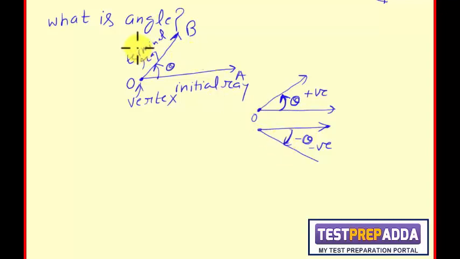Now, what is an angle? Amount of rotation. Amount of rotation of this initial ray with respect to this point O, in such a manner that the initial ray and terminal ray coincide.